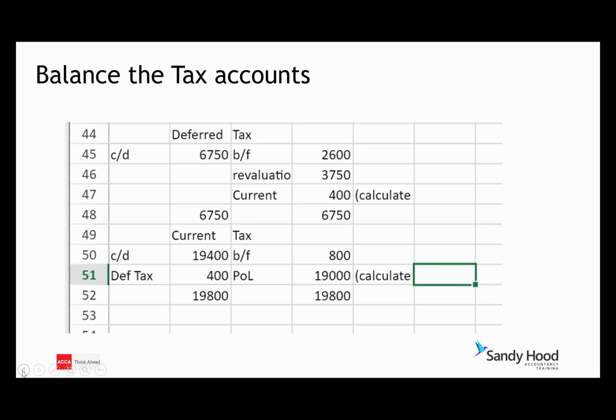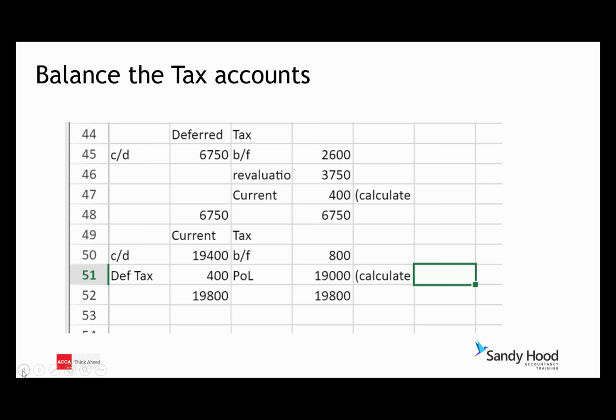We knew that the total had to be 6,750. We knew we'd brought forward 2,100, and we had a revaluation amount of 3,750. If we added those up, that is 400 short of the 6,750 that we would have to have as our closing balance. So we then recognise that 400 has come from the current tax account.